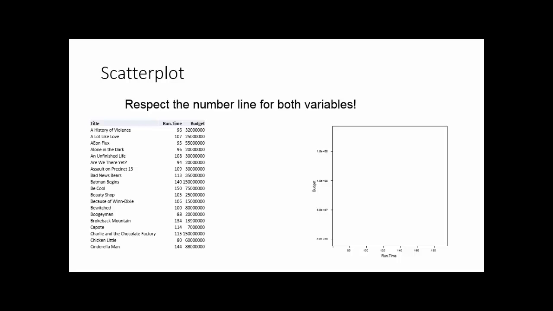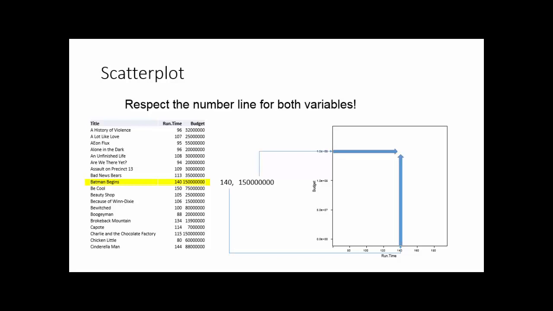And then for each of the movies, let's take, for example, Batman Begins here. We'll take the runtime and budget and find where they belong. So, for example, the 140 minutes goes right there on the runtime axis, and the $150 million goes on the budget axis right there.